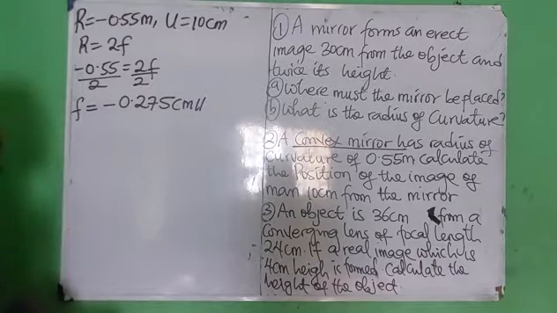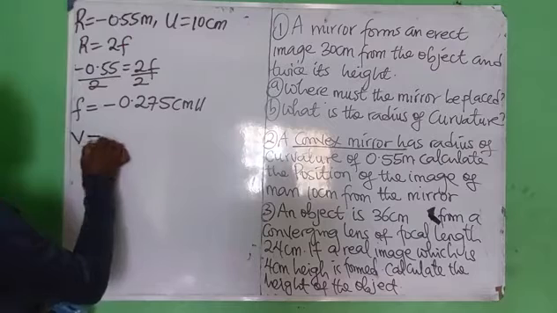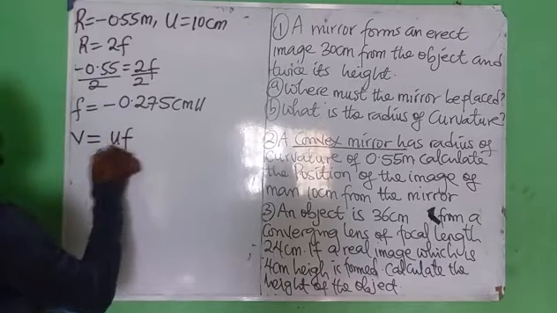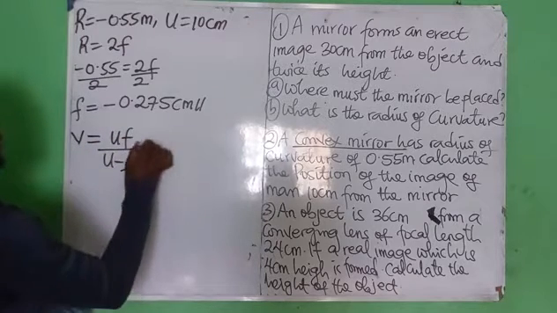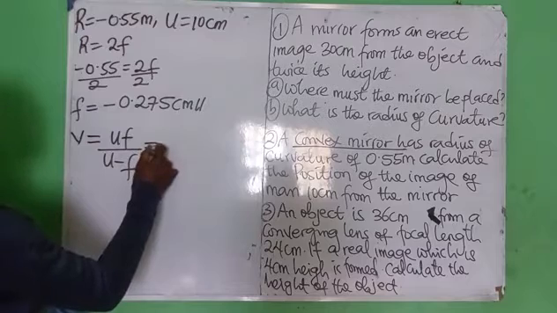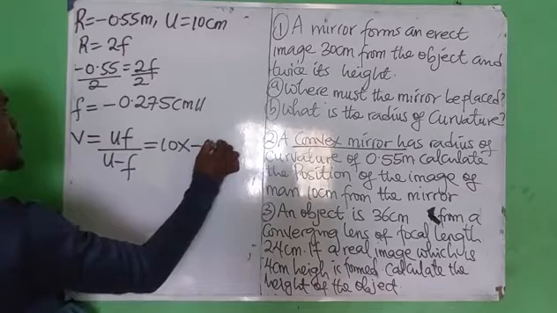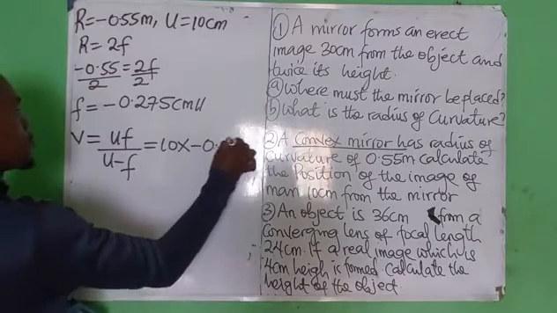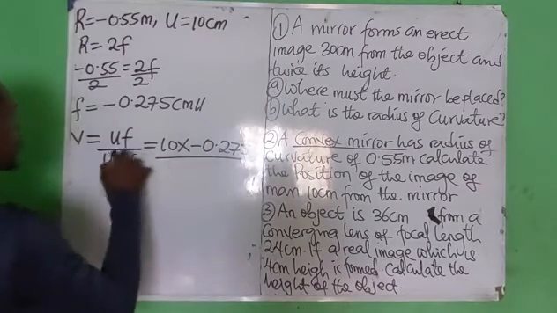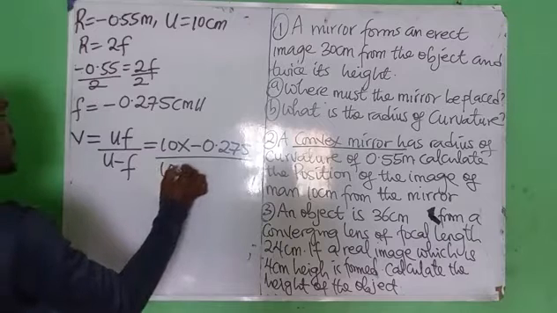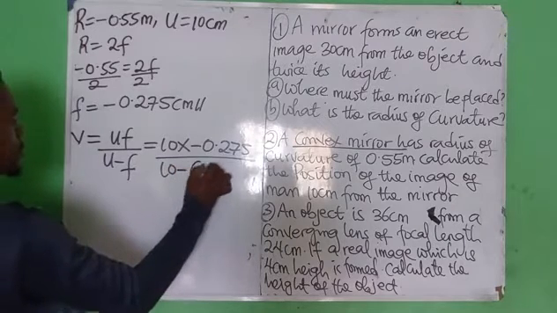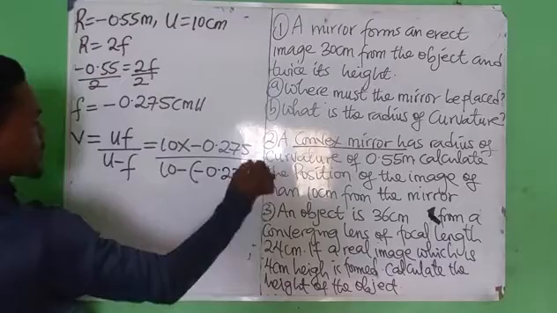The image. So it means that v is equal to uf over u minus f. u is 10 times minus f is minus 0.275, over u is 10 minus, minus 0.275.